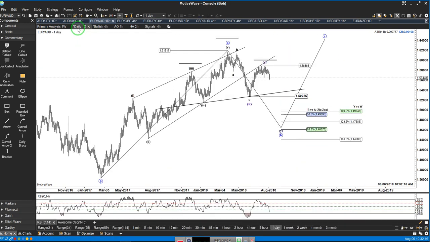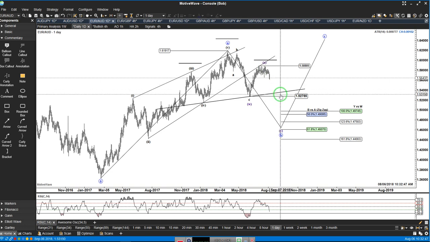Euro Aussie, you know, 1, 2, 3, 4, 5. We got 3 back down, 1 up really. I really think we need to test this 146 and this wave 2 low here. What looks like the head and shoulders forming here with the left shoulder, left neckline, head, right neckline, right shoulder.